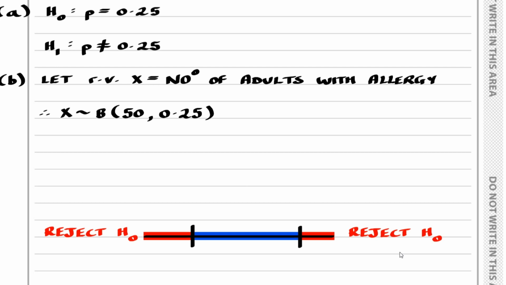So we've got this diagram here. We've got the regions shown in red where we would reject H0, and we've got the region in blue where we would not reject H0. And what we need to do is find the critical regions.